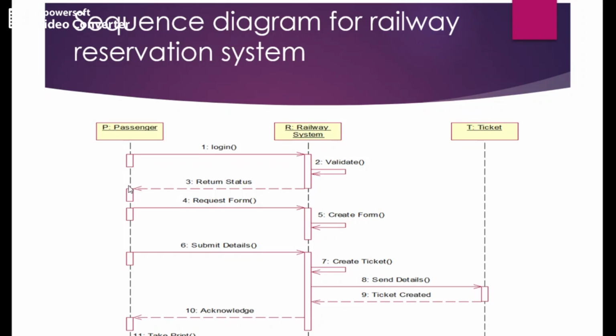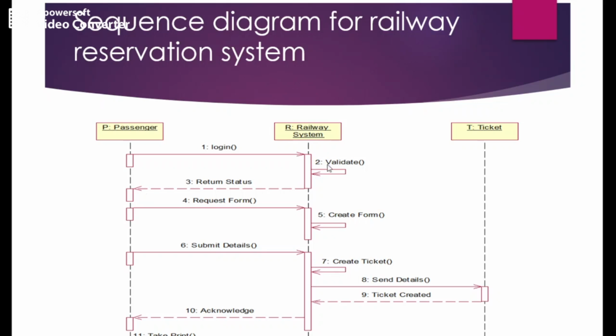Then the passenger will request the form, so the Railway System will create that form. The passenger will submit the details, and now the Railway System will create the ticket for the passenger.